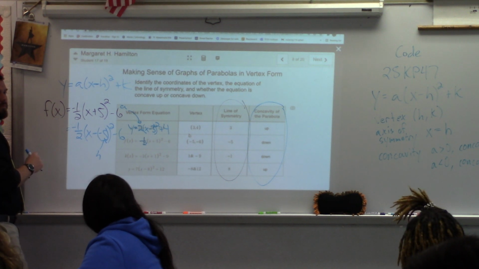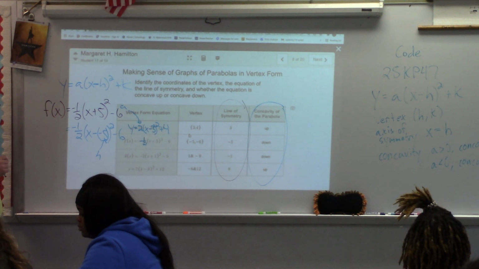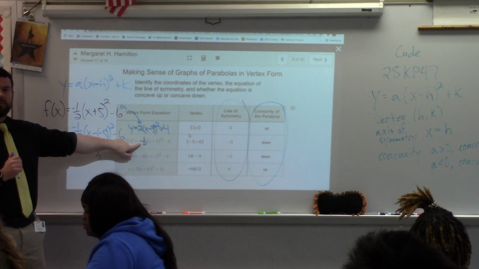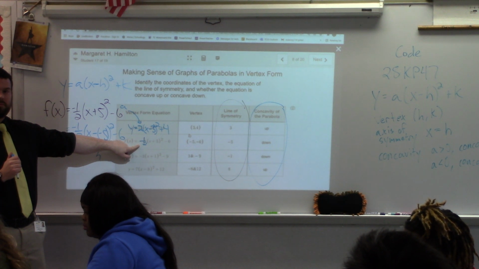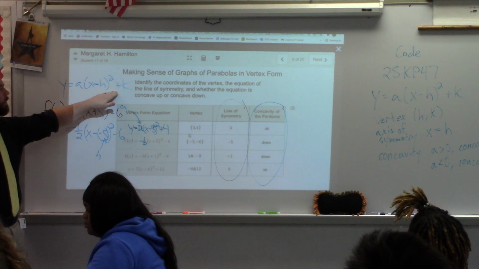And same thing with 8. I thought it was because your first number is a negative and you just put it with your line of symmetry. Well, notice the format, right?